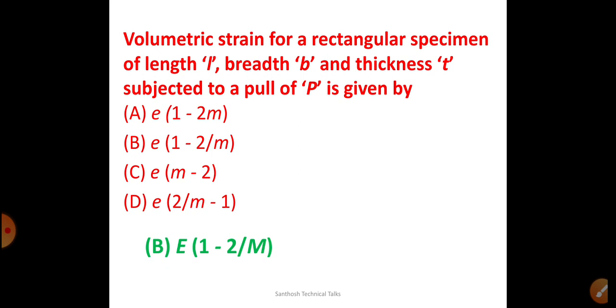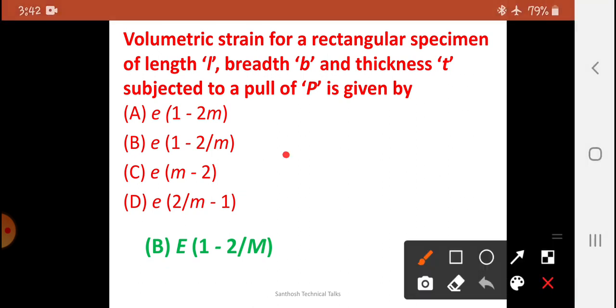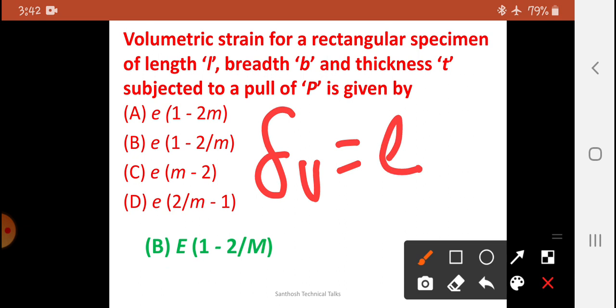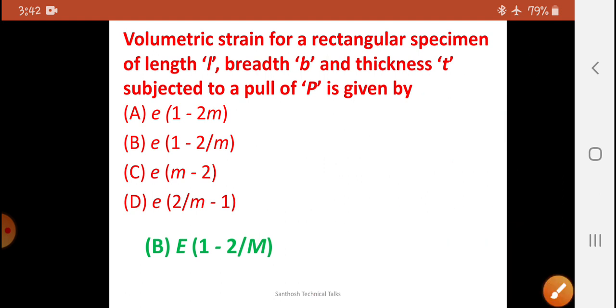So 1 by m is called the Poisson ratio. Either we can call it volumetric strain, delta V is equal to overall strain into (1 minus 2 mu). So this is also correct. The Poisson ratio is notated like nu or 1 by m.